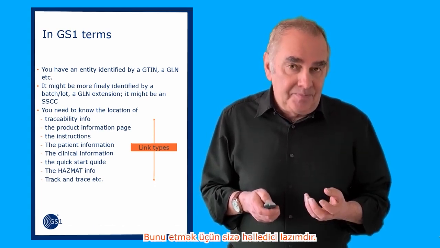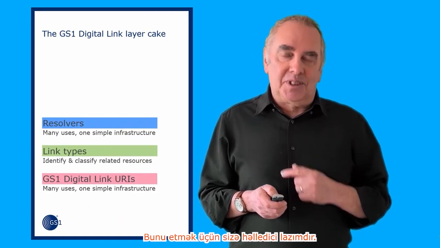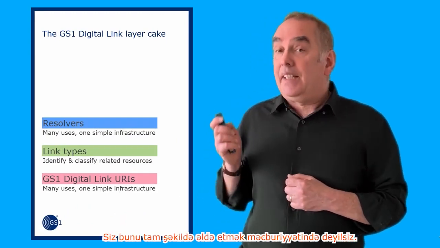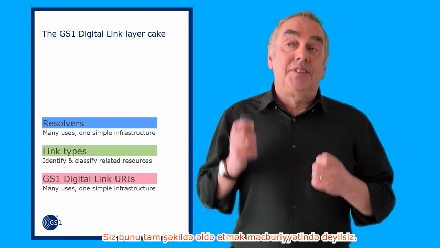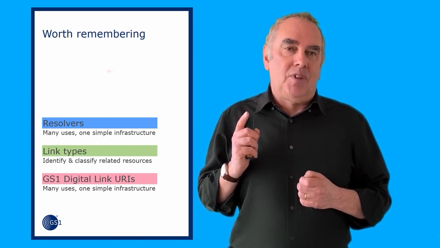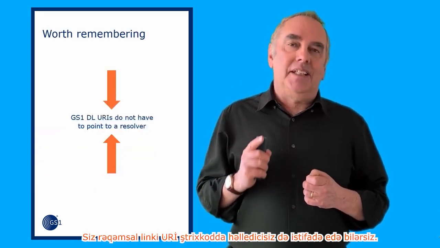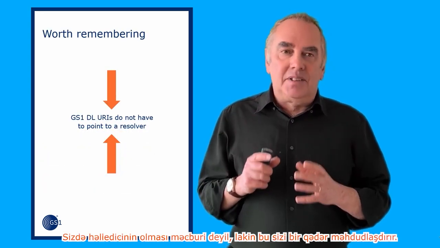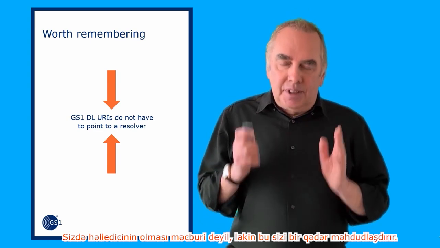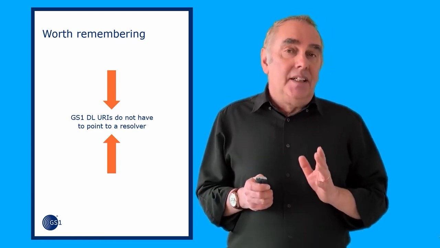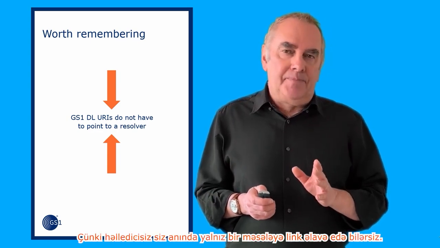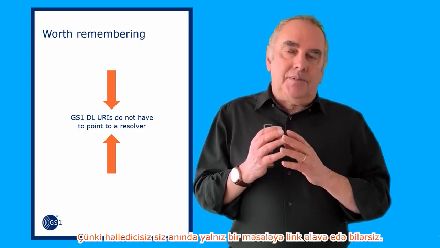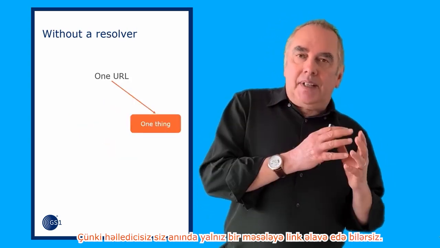To do that, you need a thing called a resolver. Now, again, we're working in layers, you don't have to get this high up the stack. You can use a digital link URI in a barcode without a resolver. You don't have to have a resolver, but that does limit you a little bit, because without a resolver, you can only have a link to one thing at a time.